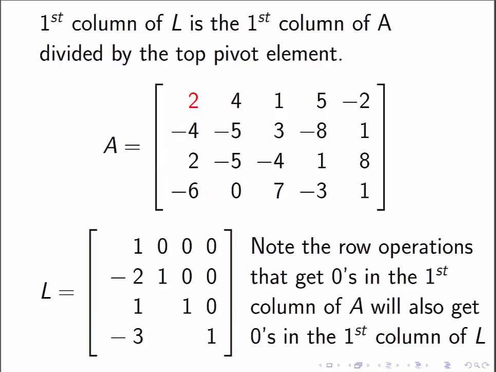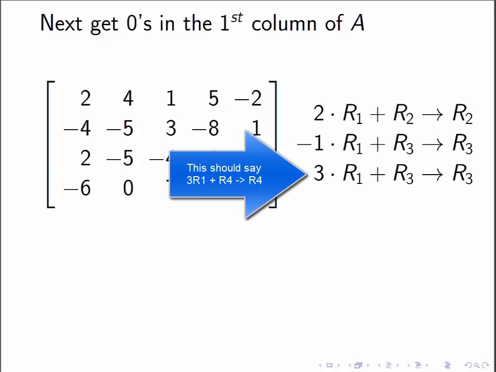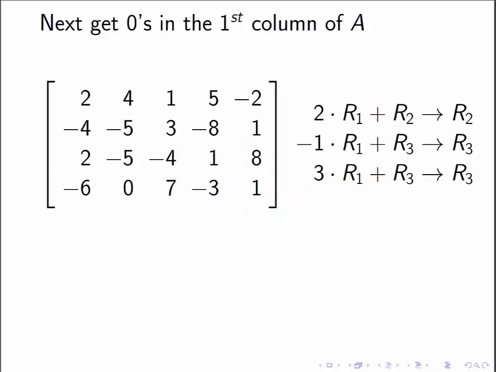Those row operations that would make zeros in the first column of A will also make zeros in the first column of L. So what would those row operations be? I would need to do 2 times row 1 plus row 2, negative row 1 plus row 3, and 3 row 1 plus row 4.